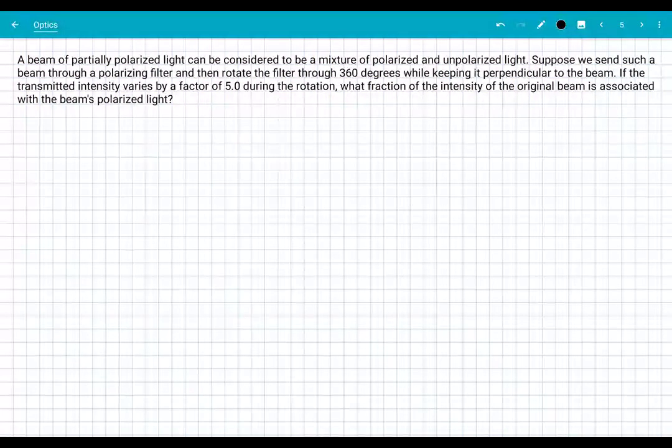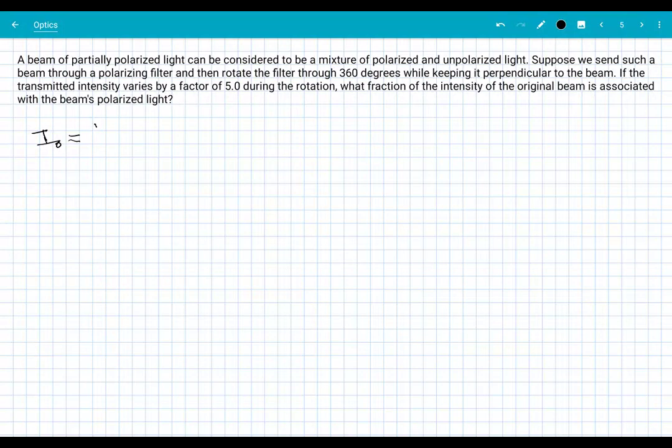So let's let the original beam be I naught, which is the symbol we routinely use for whatever our original intensity is. So if we say that that is our original light and some fraction of it is polarized, some fraction of it is not, I'm going to write the equation out this way.